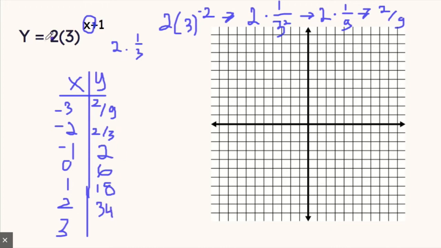And 3 is going to be 4. 3 to the 4th power is going to be 3 times 3 times 3 times 3. This is 27. 27 times 3 is 81, times 2, and that's going to be 162.